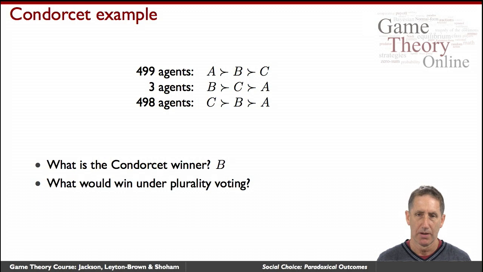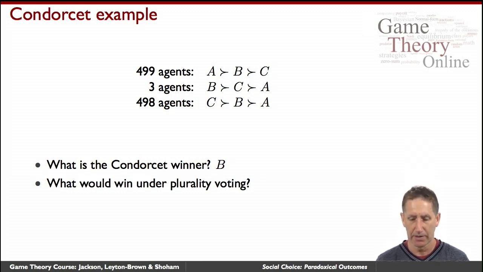Now think about the simplest sort of voting we're familiar with, plurality voting. Everybody votes for their top candidate. Who would win the plurality voting here? Again, you could pause the video, or in this case, it's fairly straightforward.